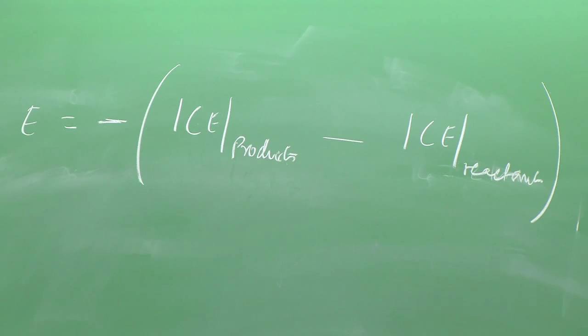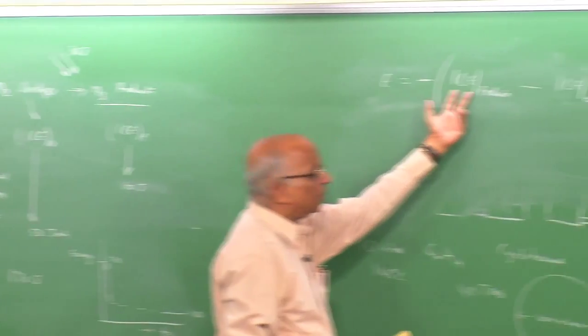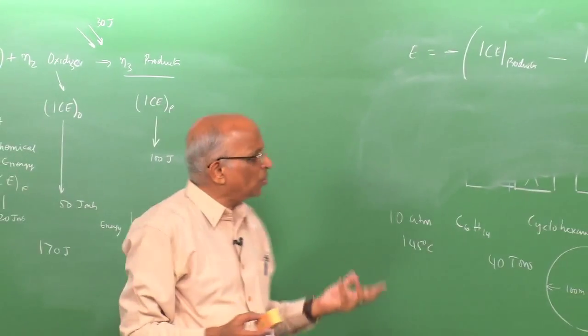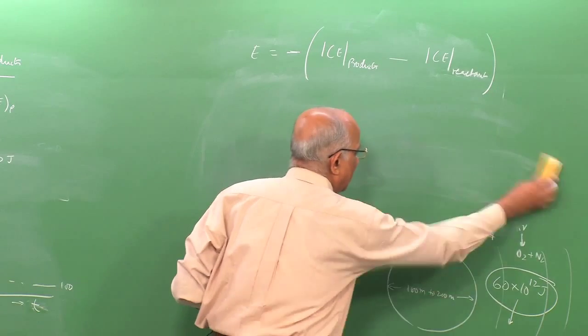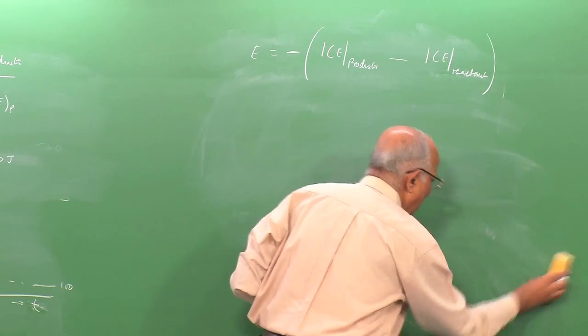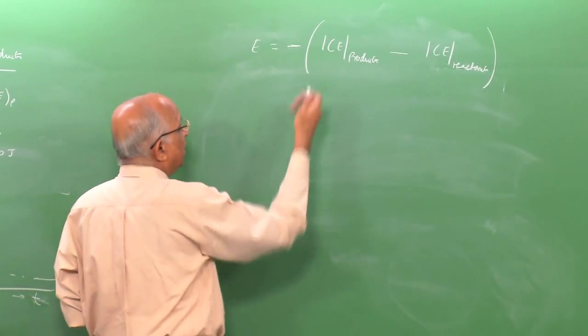Therefore, we must be able to find out the internal chemical energy, and the terminology used to denote the internal chemical energy is what we call the heat of formation. We would like to use terminologies which are more capable of being defined properly.